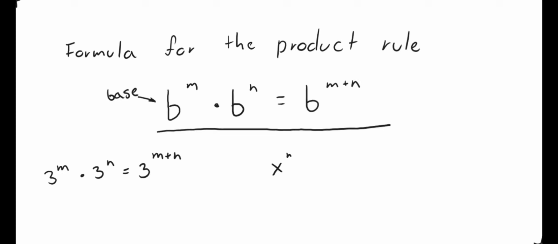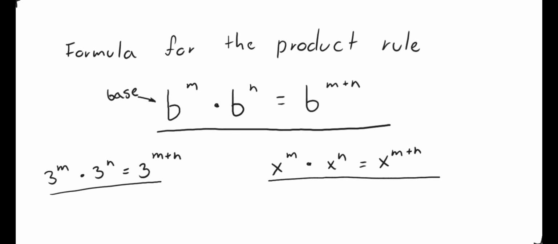X to the power of M times X to the power of N equals X to the power of M plus N. That works perfectly as well. The key is to make sure that the bases are the same so that we can use the sum of the exponents to combine them together and make it much simpler.